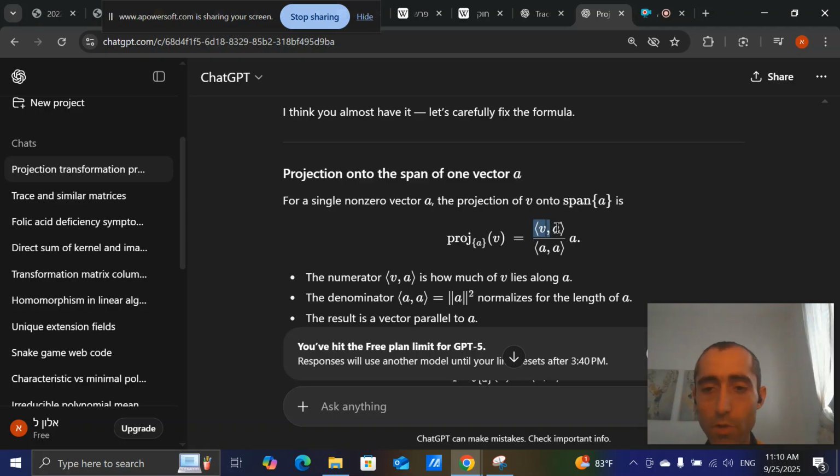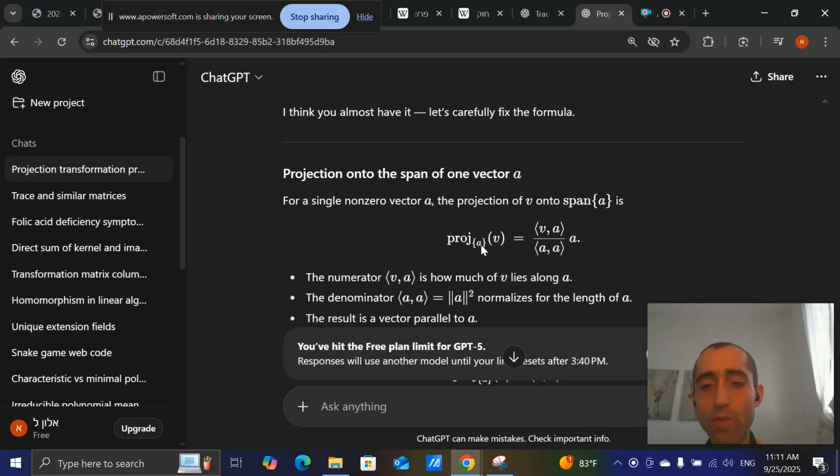I take a vector and take the inner product, like we did with the dot product, with A, and now I divide. This is just because A is not orthonormal; if I normalize it, this becomes 1.